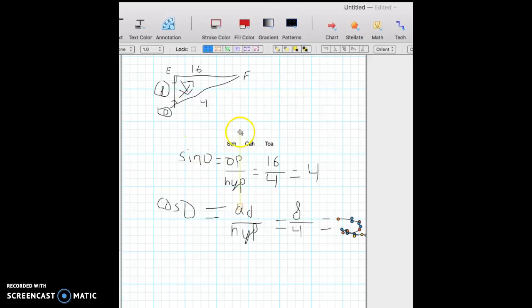Now we are going to do the tangent. That T right there, tangent. SOHCAHTOA is great because it allows you to just remember the steps as long as you can write it out. Sorry about that.